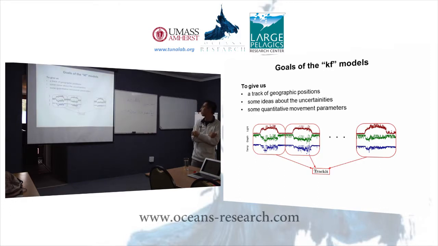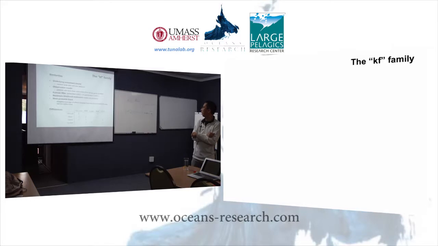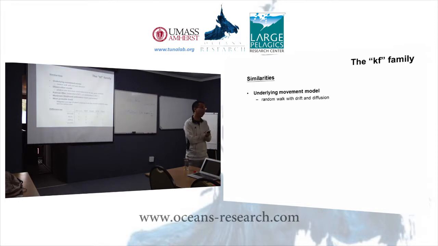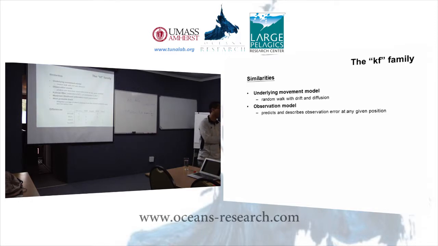So the starting point is light, and that's basically the main part. These things you already know. Everything is still in the same framework. You have an underlying movement model. You use your observations, which now become light and SST instead of positions and SST.